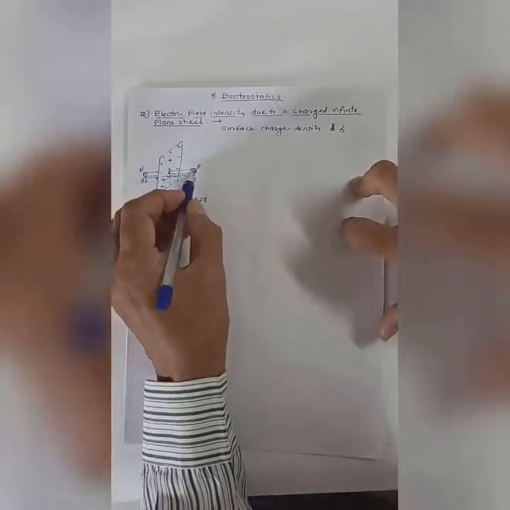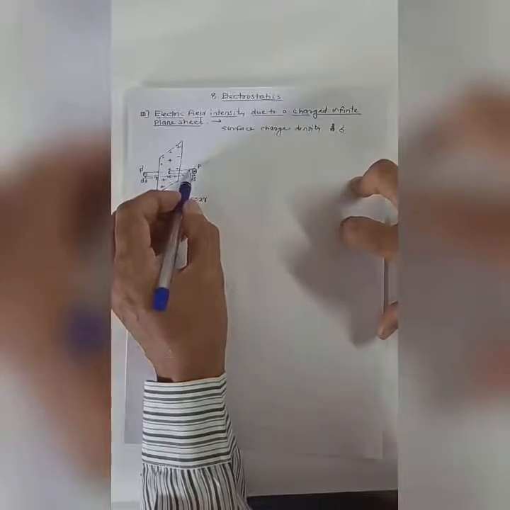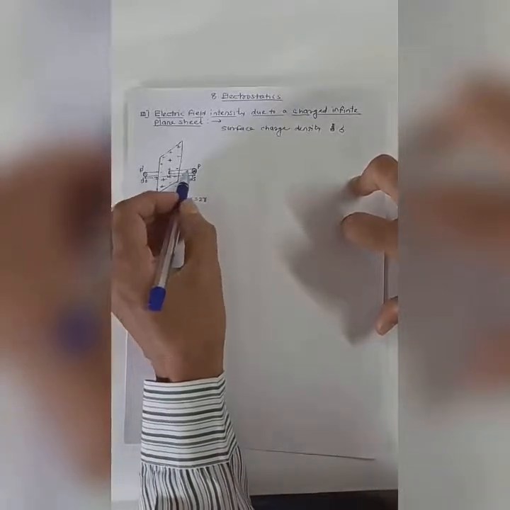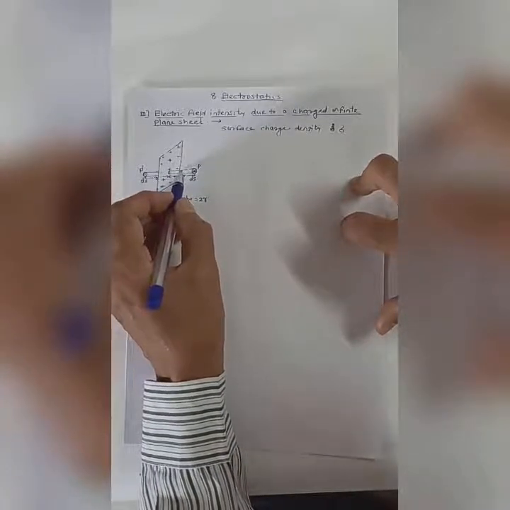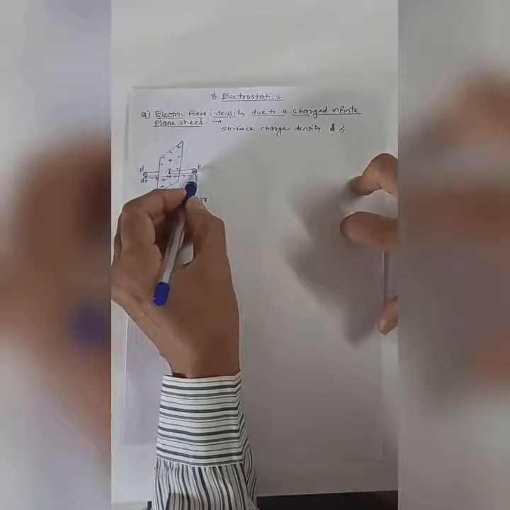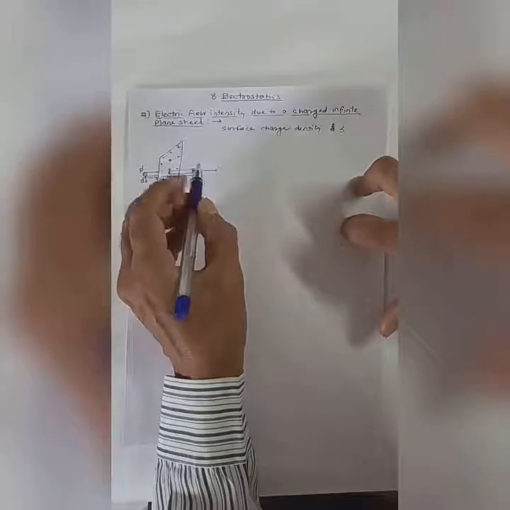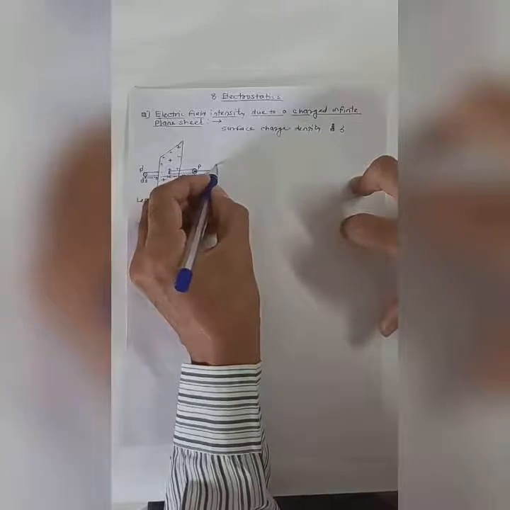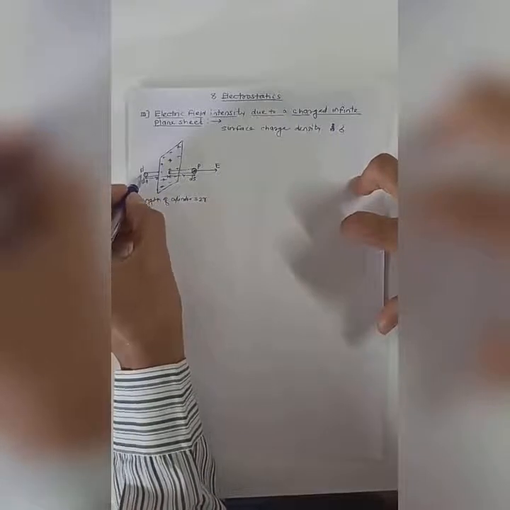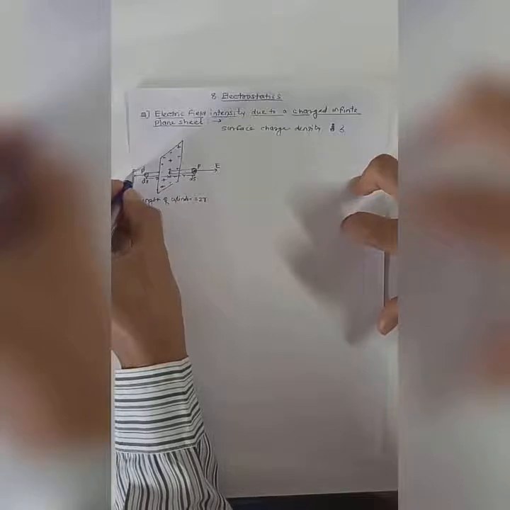The electric field intensity through this round surface is 0 because it is directed tangentially, but at point P the electric field intensity is directed normally outward. So here is the electric intensity. At this point also, the electric field intensity is directed normally outward.